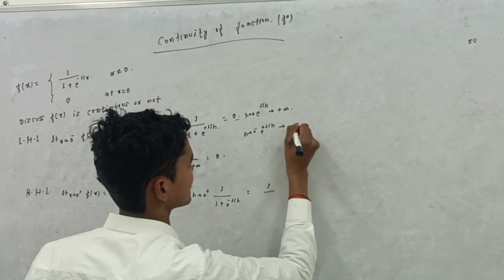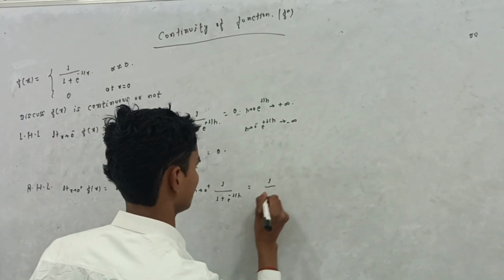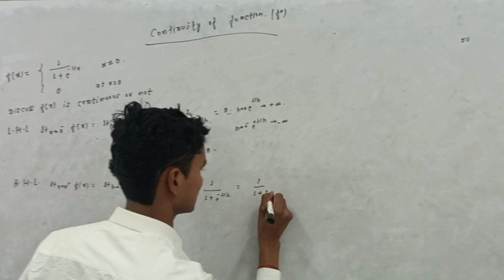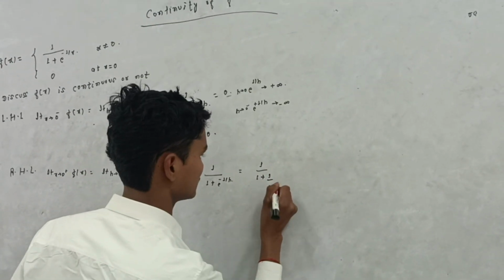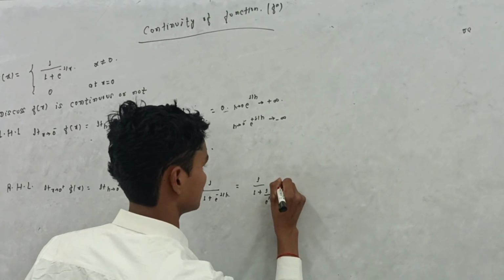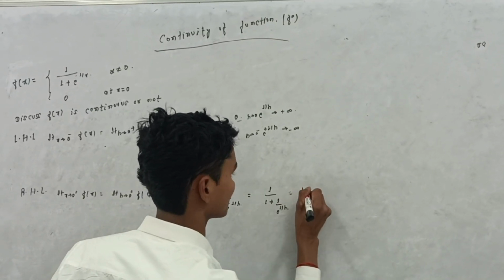Sorry, here 1 plus e to the power 1 by h, which is infinity, then the value goes to 1.